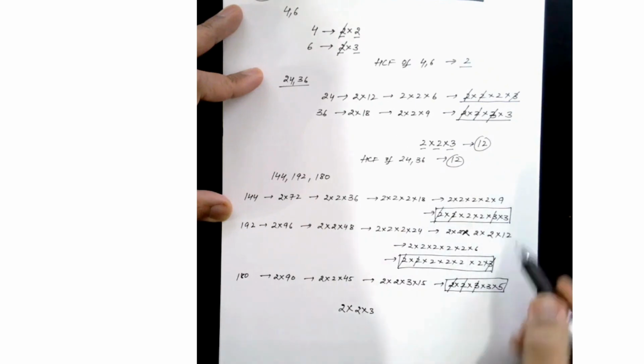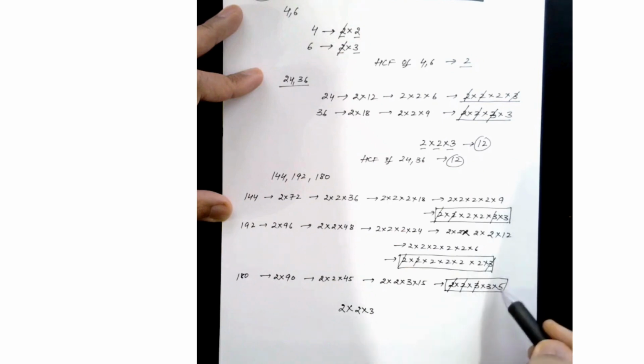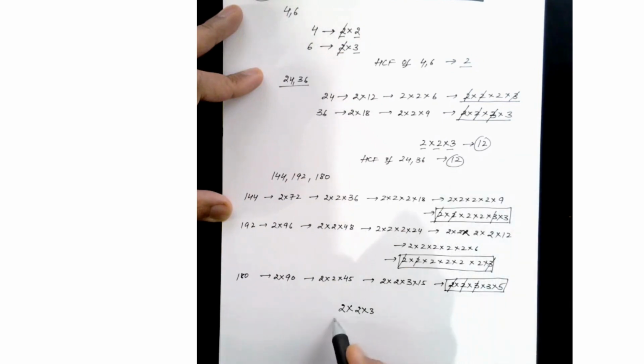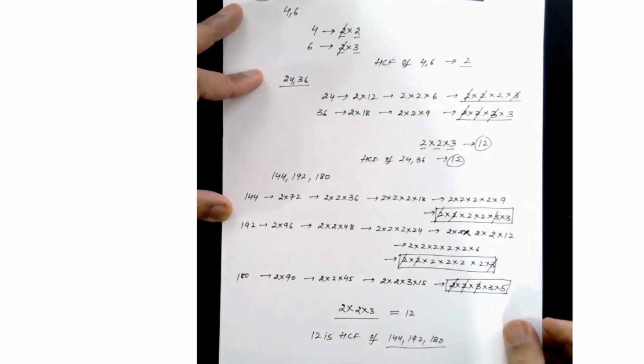There's no more 3 which is common, and there's no 5 available. So this number is 2 into 2 into 3, which is 12. So 12 is the HCF of 144, 192 and 180. So this is the concept of the prime factorization method to find the HCF.